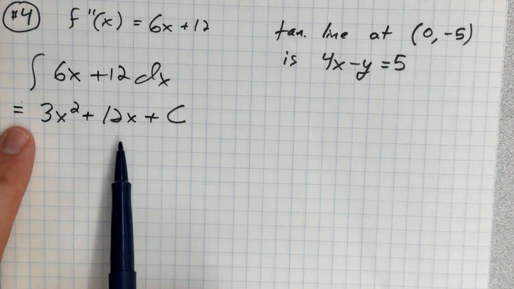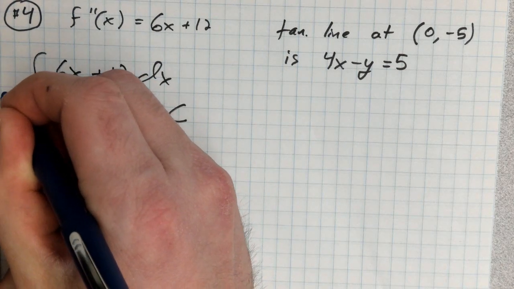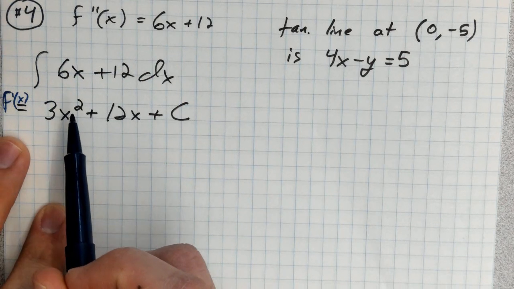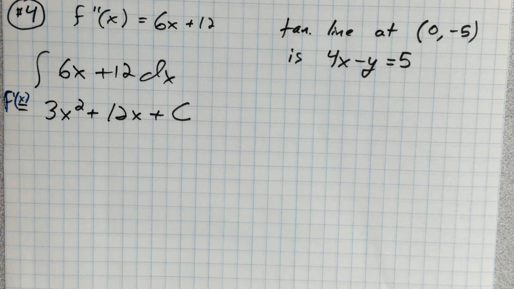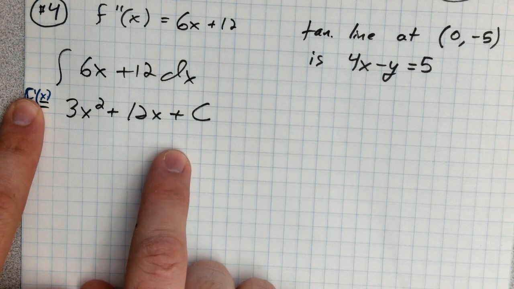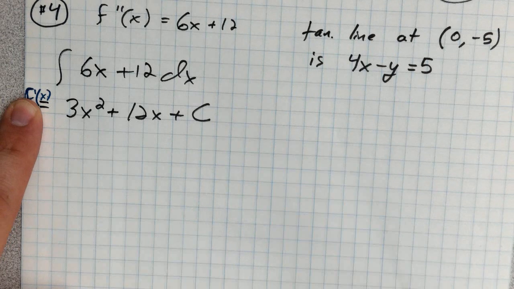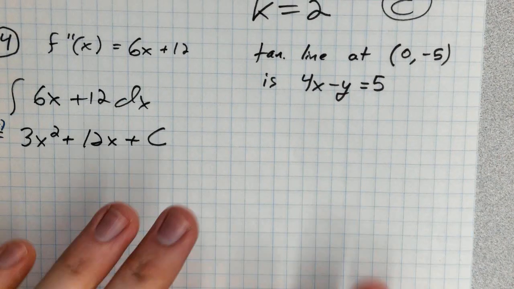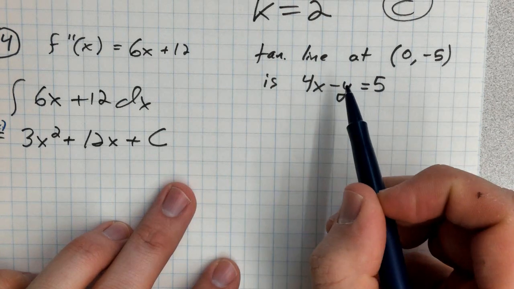I should write that this is f prime of x here. If I knew what the derivative was, like if I knew that the derivative at 7 was 20, I could plug in 7 here and 20 here and solve for c. Then I'd only have one variable to solve for. So if I knew what the derivative was at a point, I could solve for c. And it turns out that we do have that information. It's just sort of encoded in the fact that this is the tangent line here.